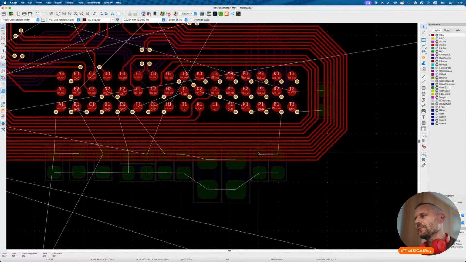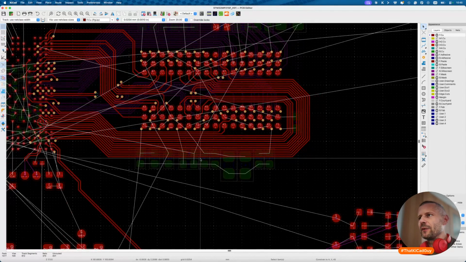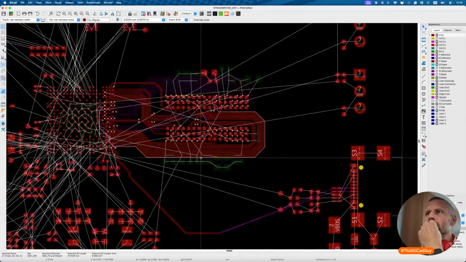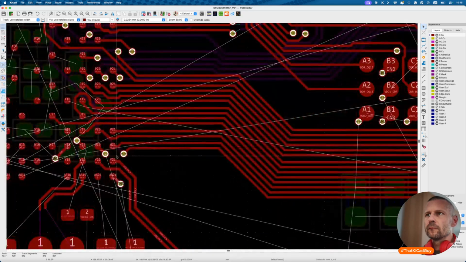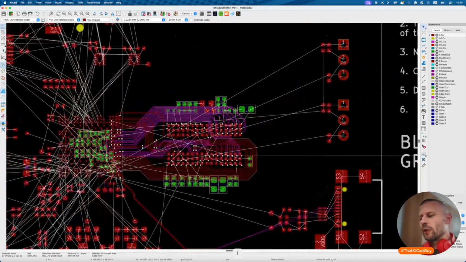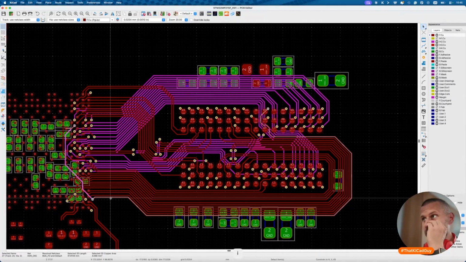So that one can be the most difficult to route. But not so much, because if you see it, yeah, it's very thin, but it goes here, and there are almost no red signals on the top.